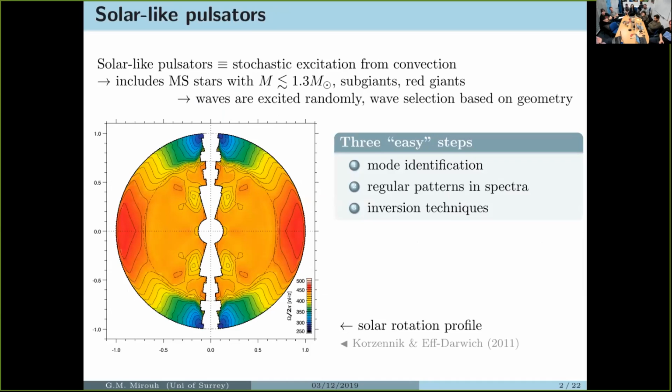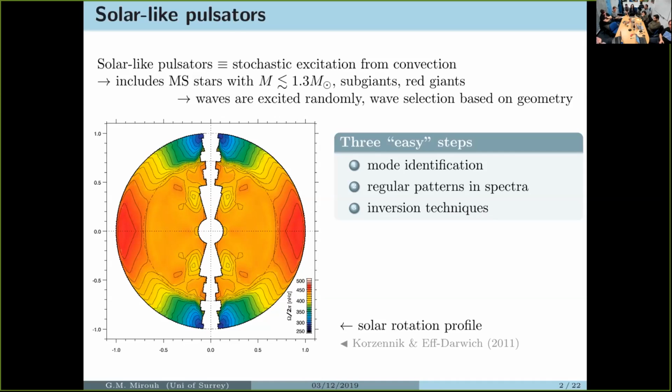The ones that interfere destructively, you don't see in the spectrum. So these include main sequence stars, subgiants, red giants, as I said. To analyze those, you have three easy steps. Well, they were not easy at first, but now they're well understood, and I like to say they're easy.